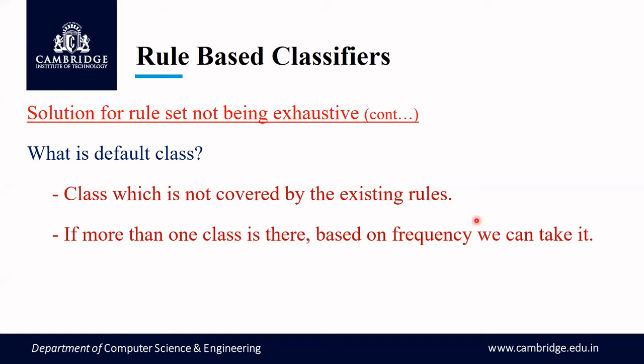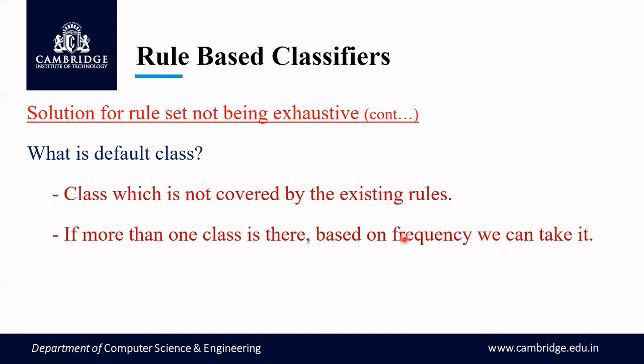Which class is frequently repeated, or has the maximum number of repetitions in the training records? That particular class, you will consider it as a default class. So there are 2 ways in which you can do it. One, you can see the rule set, and if a rule is not covering a particular class, then that class you can directly take as a default class.